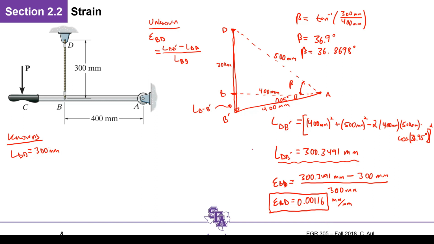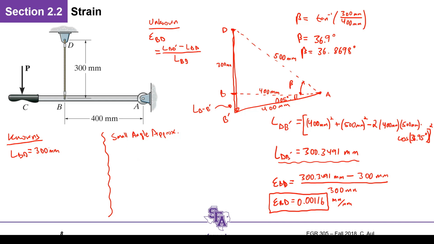So this is just using law of cosines, but we could have also used kind of a shortcut way, if we were to use the small angle approximation, right?